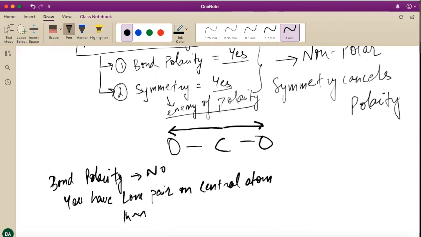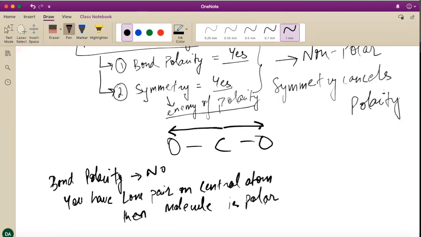Then the bond is not polar, but you have a lone pair, so the molecule is polar. So guys, a lone pair has the capacity to make the molecule polar. The existence of a lone pair will make the molecule polar. You got to remember that.